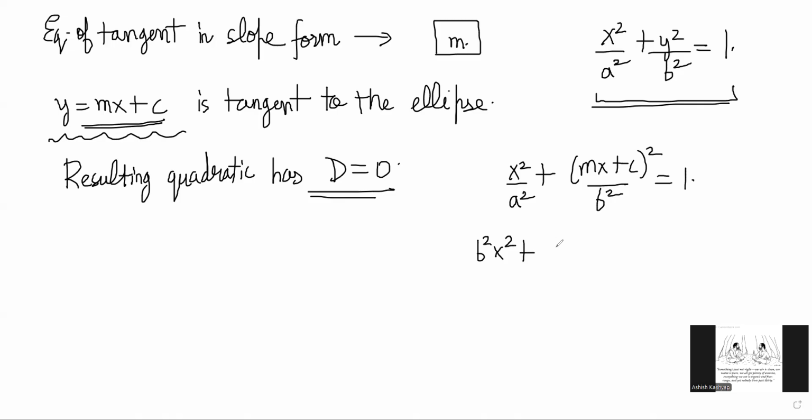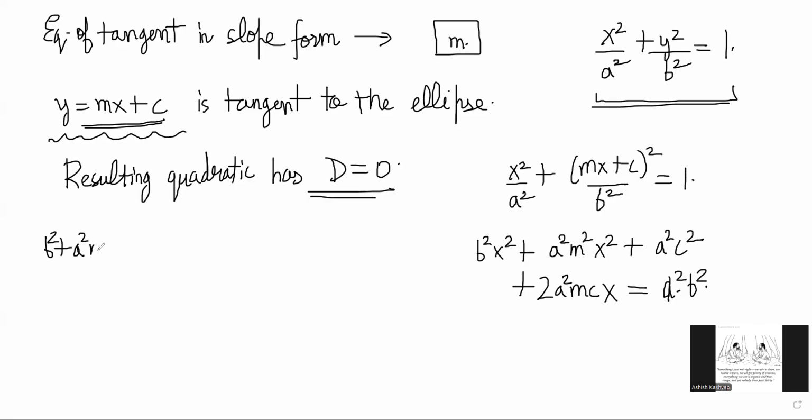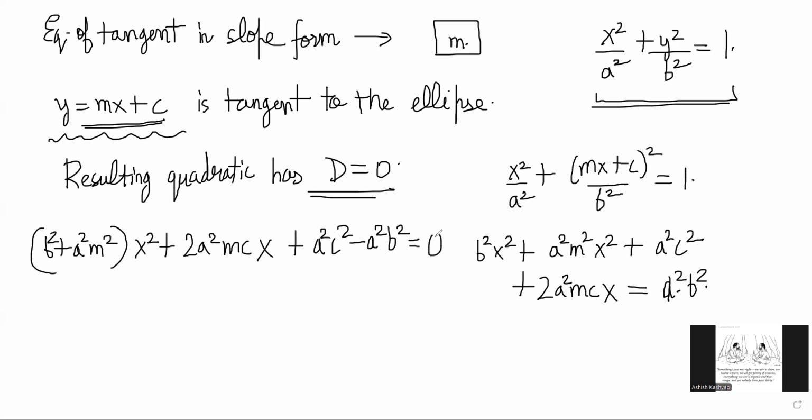B square x square plus a square m square x square plus a square c square plus 2a square mcx is equal to a square b square, if you multiply by a square b square throughout. So we are getting (b square plus a square m square) x square plus 2a square mcx plus a square c square minus a square b square is equal to 0.